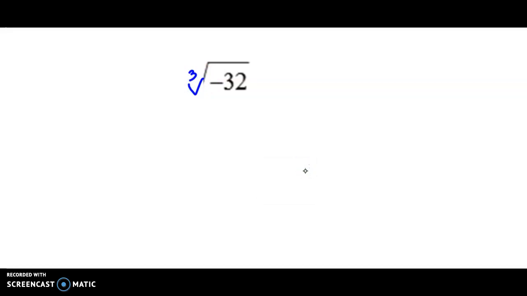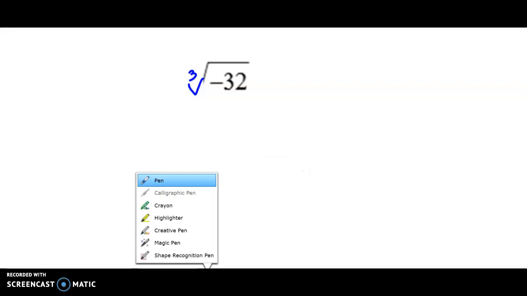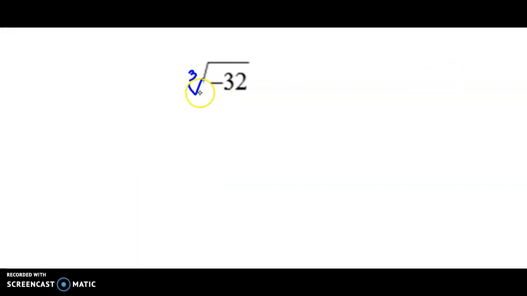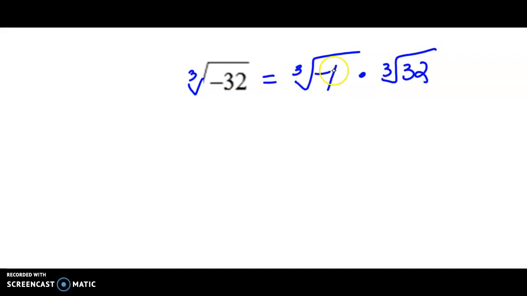So you're going to go over to the side and you want to make your factor tree. And like I said, if you don't want to worry about this negative when you're doing your factor tree over here, just think about this as the cube root of negative 1 times the cube root of 32. The cube root of negative 1 is negative 1 times, and then we're going to figure this out.